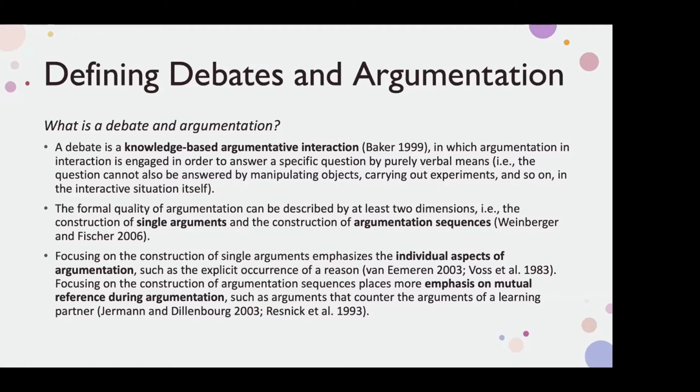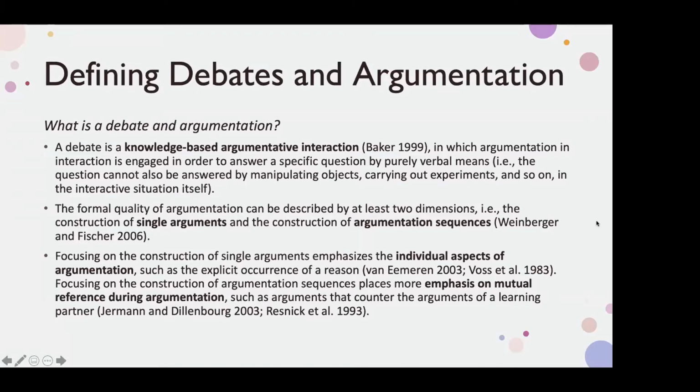So the quality of argumentation can often be described in 2 dimensions. One is, of course, constructing the single argument, which usually emphasizes the individual aspects of argumentation: how are you making that argument based on the topic at hand? And the next part of that dimension is the construction of argumentation sequences.